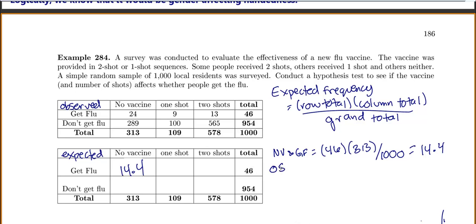Let's try 1 shot and get flu. So 1 shot and get flu, that would be our row total of 46 and our column total of 109 divided by your grand total of 1,000. So 5.